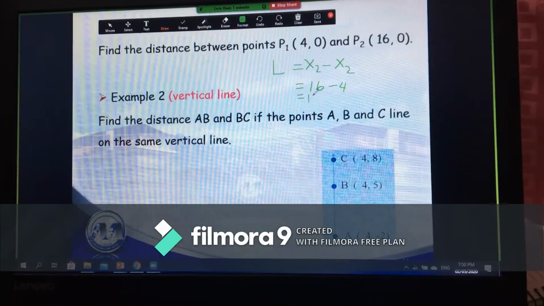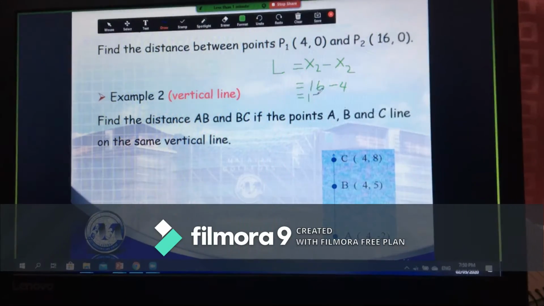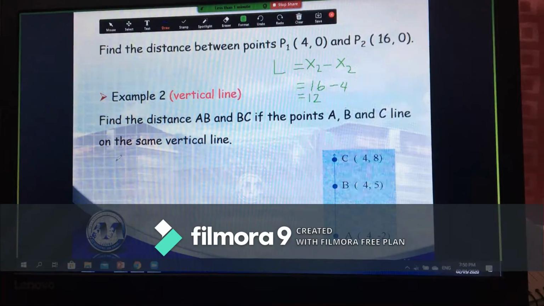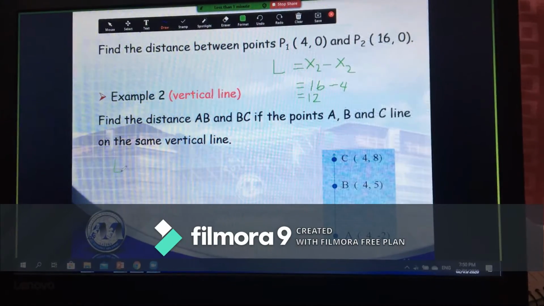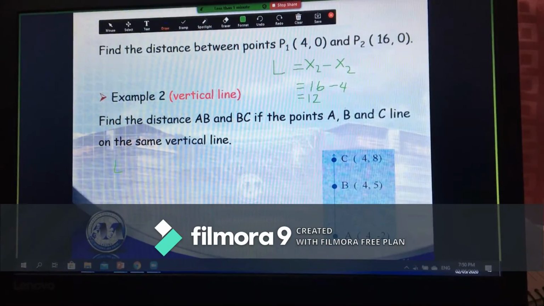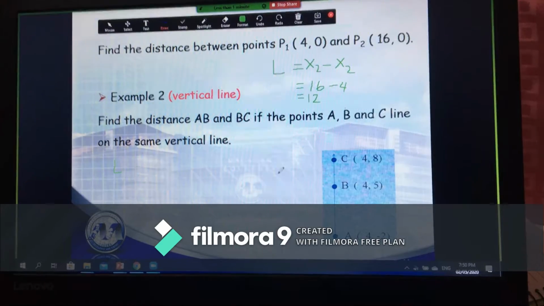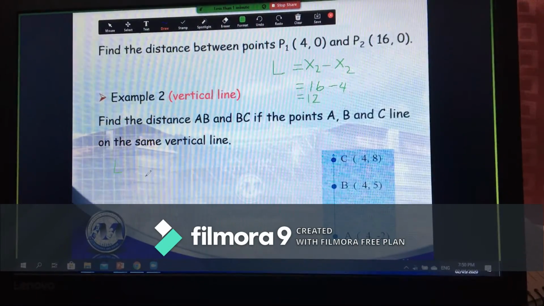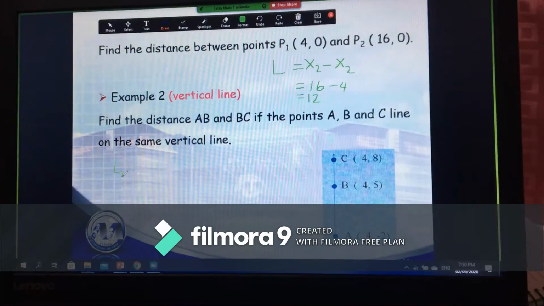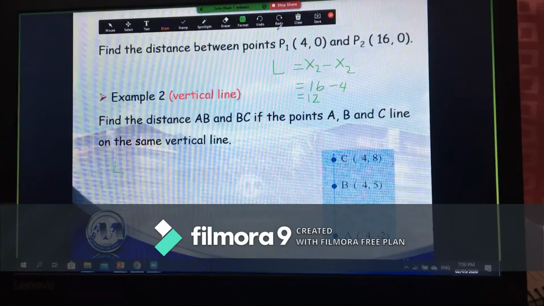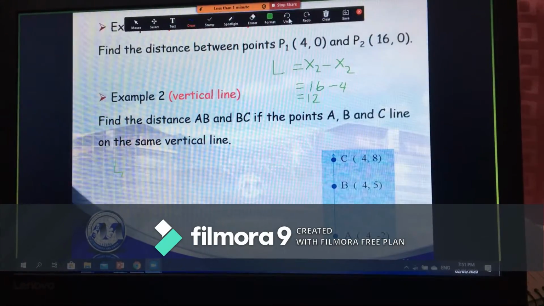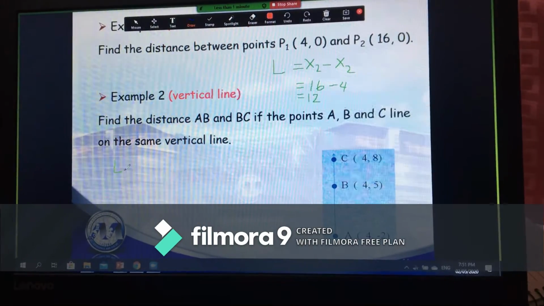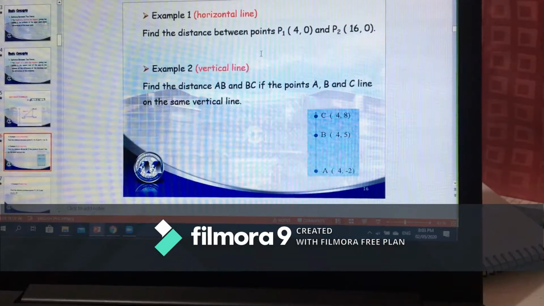Okay? So is it clear? Opo, sir. Then for the second one, sa second one we have L. Now L, we are asked to solve for the distance from A to B. So you can put a subscript here as L from A to B. So distance from A to B, and now we're talking for the horizontal.